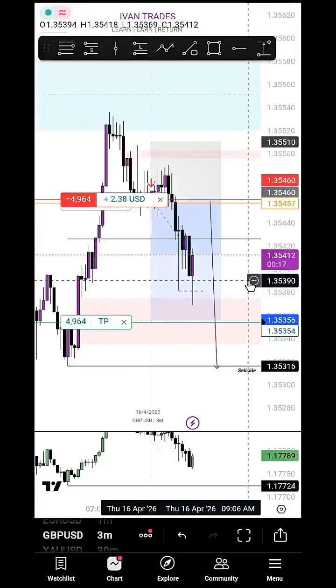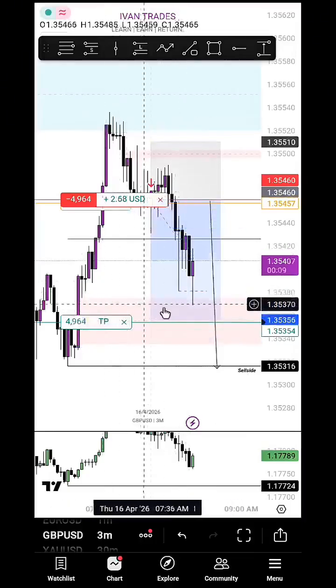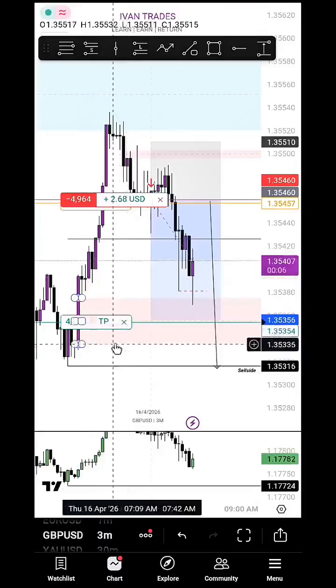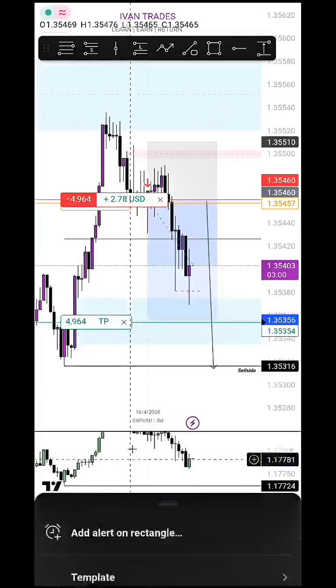Otherwise I will be stopped out at break even, which will be kind of awkward, to see the price come this close and go back to break even, to be honest.